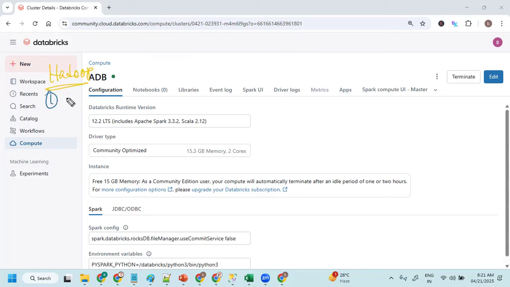So the limitation is it's hard to write the code. Hard to write code, because too many lines of code you have to write. And you need to write the code in Java. For most ETL developers, adopting Java is not easy. It's very difficult.